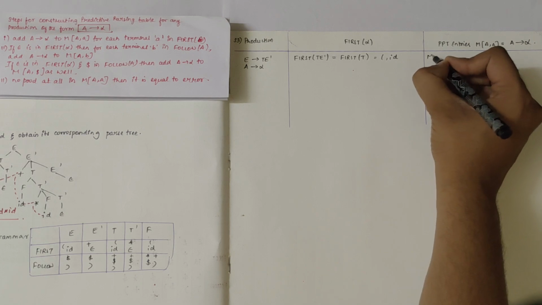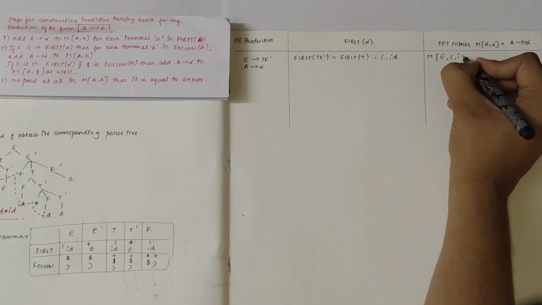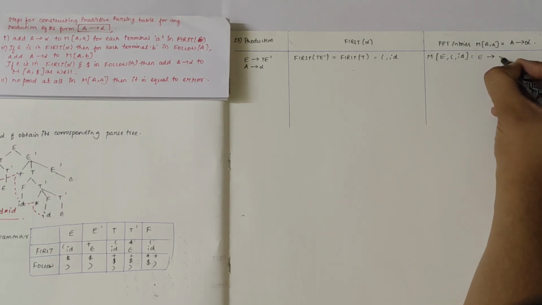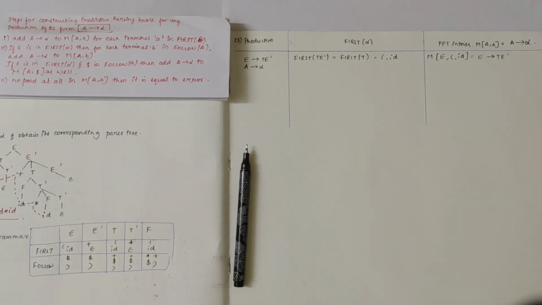So here I can write it as M of E comma open parenthesis, ID is equal to E derives TE dash. So this was for our first production.